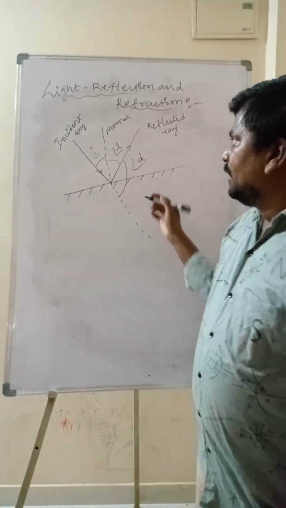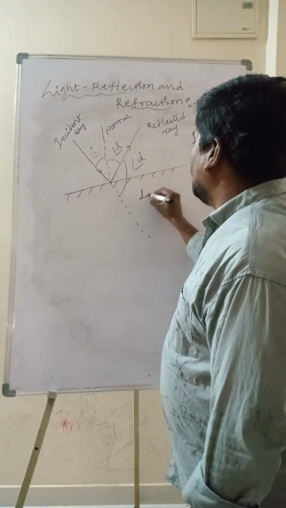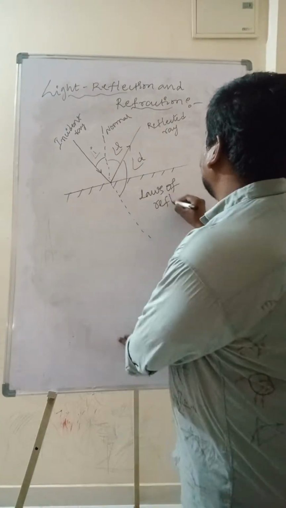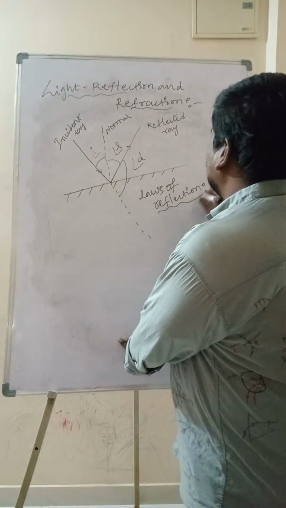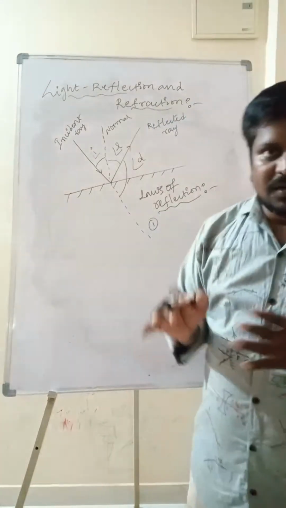And now there are two laws of reflection. What are those? The first one is angle of incidence equal to angle of reflection.